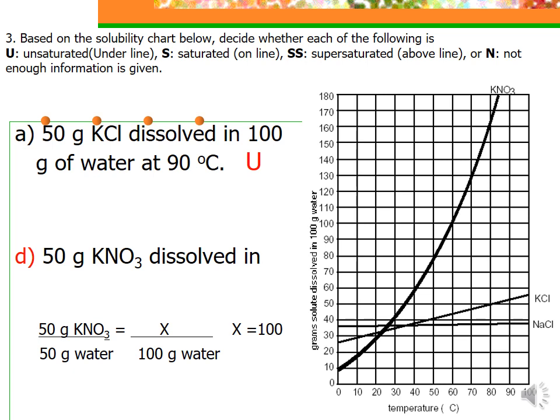KCl, 50 grams, so I come over here to grams, and here's my 50. And I take it all the way over till I hit the line, KCl, and that is at 80 degrees.